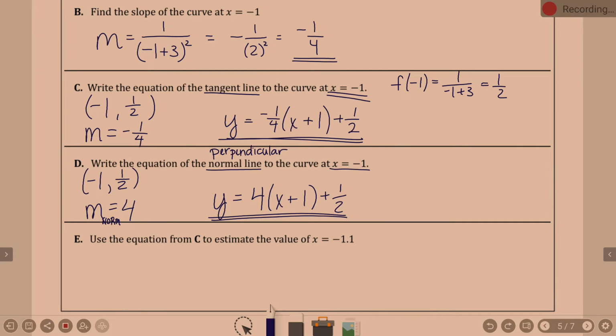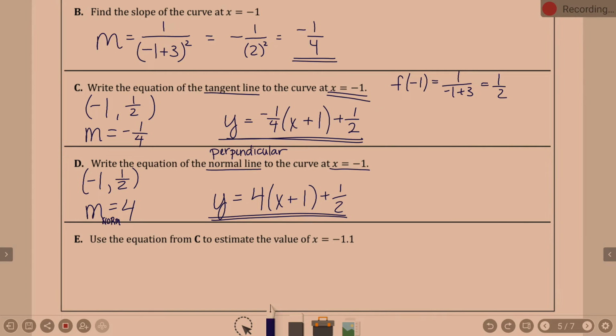Okay. Ready for E? Whenever it's telling you to find the value at x equals -1.1, is that just putting it in as x? Okay, hold on. Sorry, I thought you were asking a question about the other part. So, E asks us to use the equation from C to estimate the value at x equals -1.1.